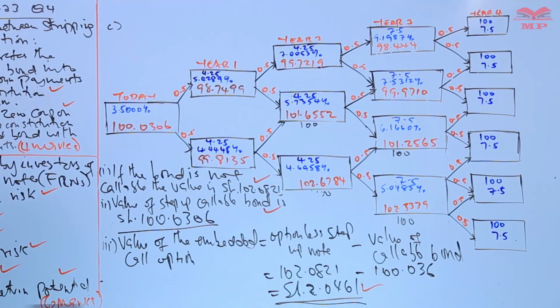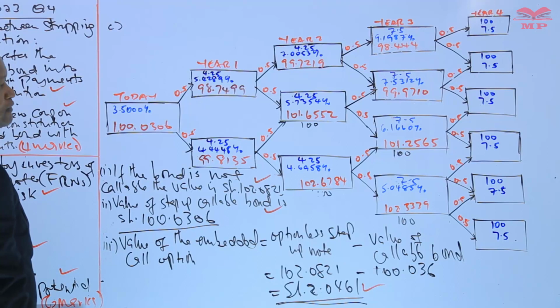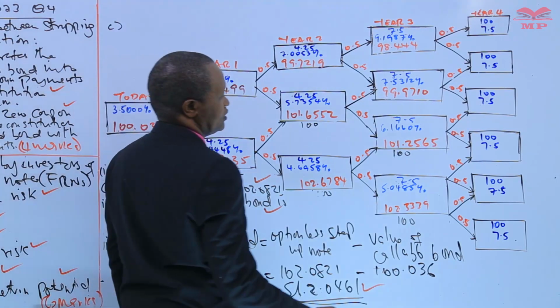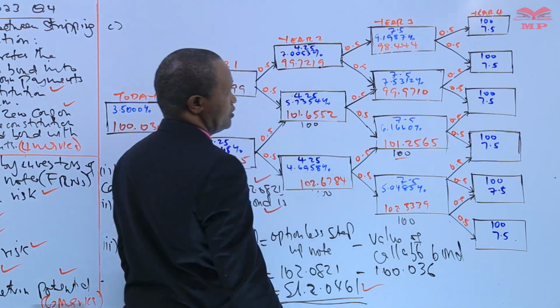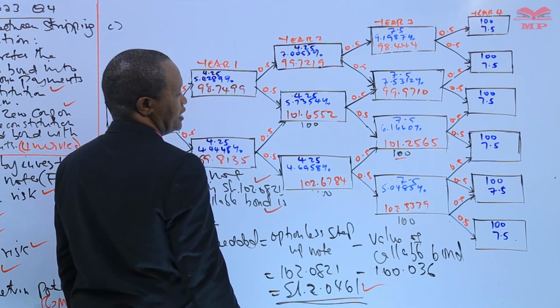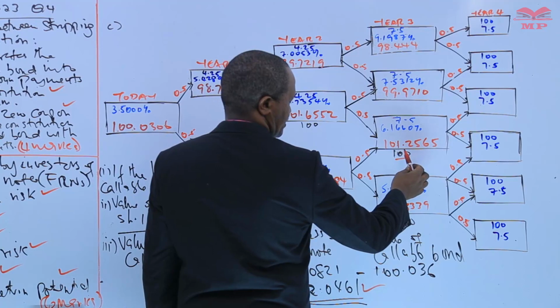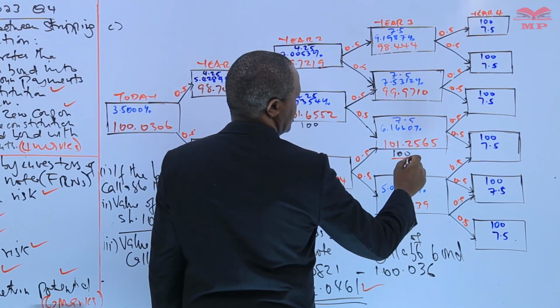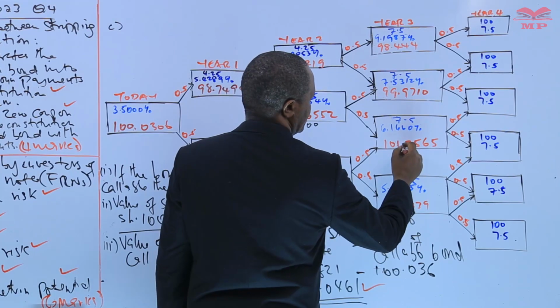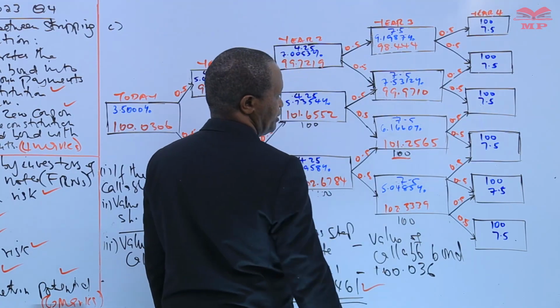Then when calculating the value of the step-up callable bond, you'll note that we read from the question that the bond is called at par. So at any point where the value is more than 100, we used 100 and not the value that contained the premium.